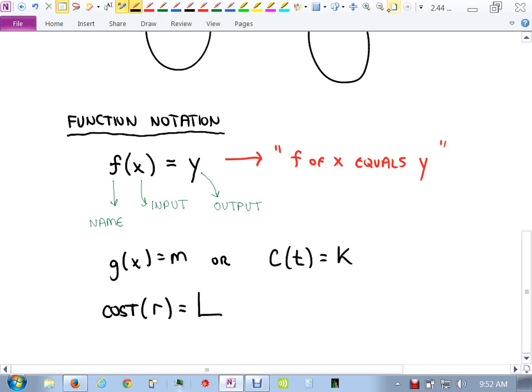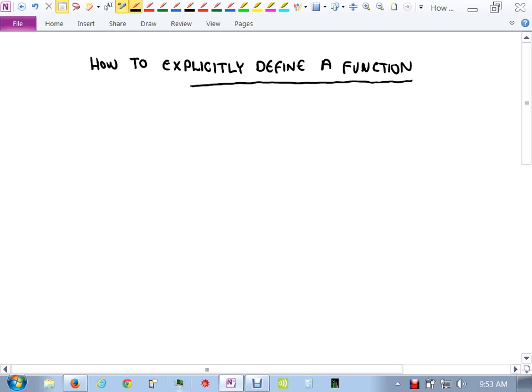Now, we need to talk about explicitly defining a function. So how to explicitly define a function. So I said earlier that in that example we had that squaring, right?